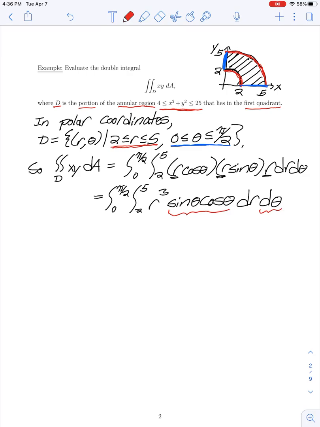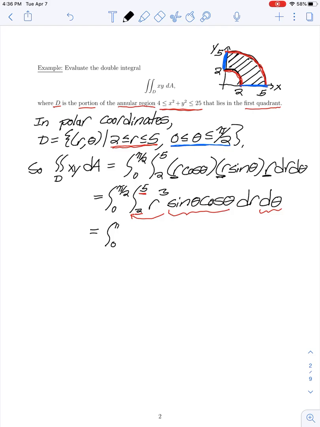Now I can pull those constant terms out in front of my integral with respect to r, and I see that even after I evaluate my inner integral with respect to r, the r values for the limits of integration are constants. They don't depend on theta at all. So after I integrate with respect to r, I'm going to have a constant function times these functions of theta.